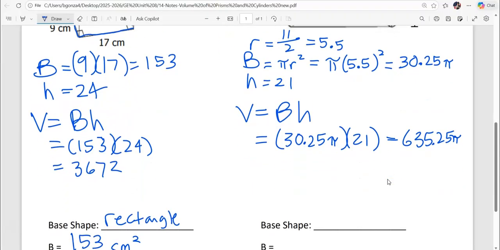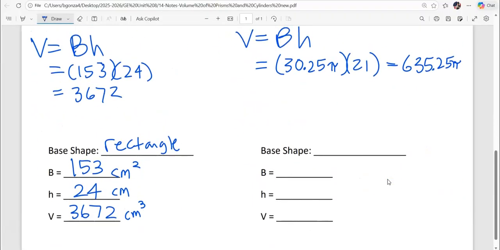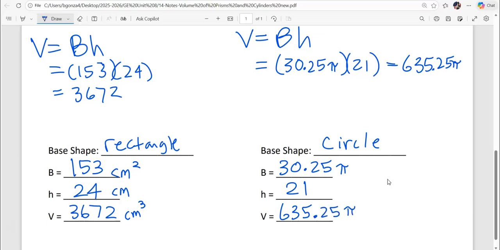Okay, let's go down here. What was the base shape of a cylinder? We said it was a circle. The base we got was 30.25 pi. The height we said was 21. And then when we multiplied them together, we got 635.25 pi.